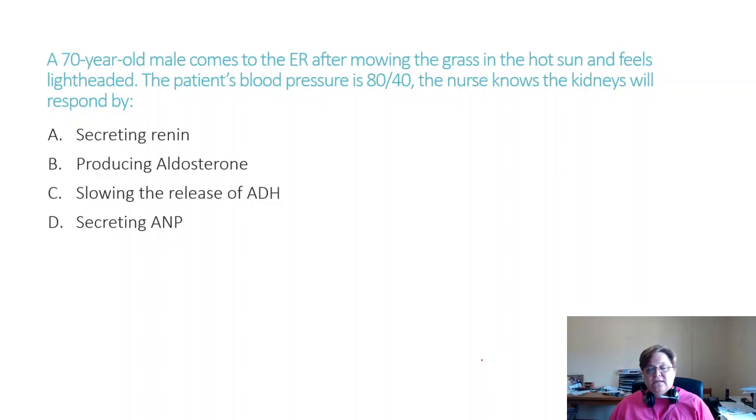Now, first you need to know the kidneys respond. So which of these functions is the kidneys responsible for? And if you can cross any of those out, that's what I recommend you do first. Cross out the ones that absolutely the kidneys aren't doing, and then see what's left.